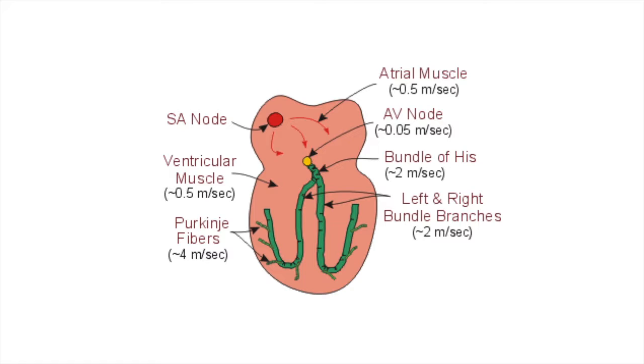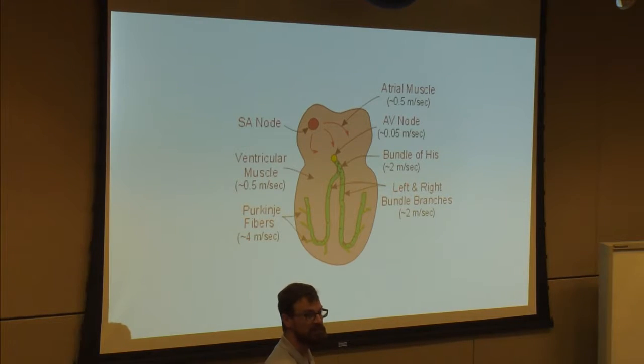And then I have this very rapid bundle of His and left and right bundle branches at about 2 meters a second, which is 4 times faster than muscle tissue, right? To the Purkinje fibers, which are 8 times faster than ventricular tissue, right? Followed by depolarization of ventricular muscle, which is as slow as atrial muscle.